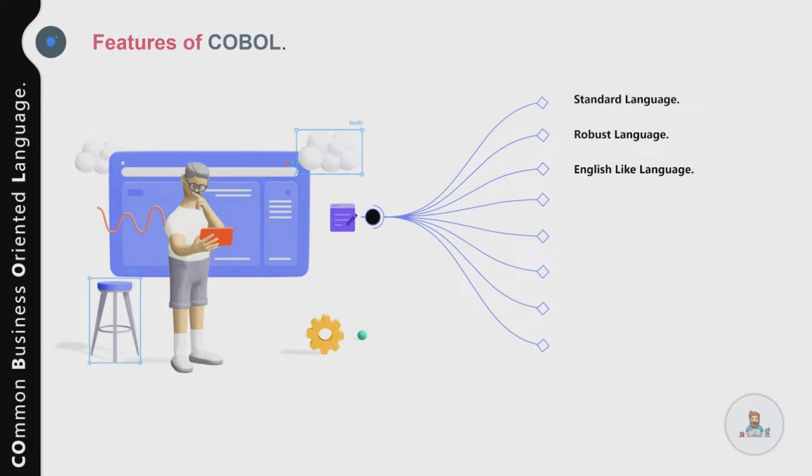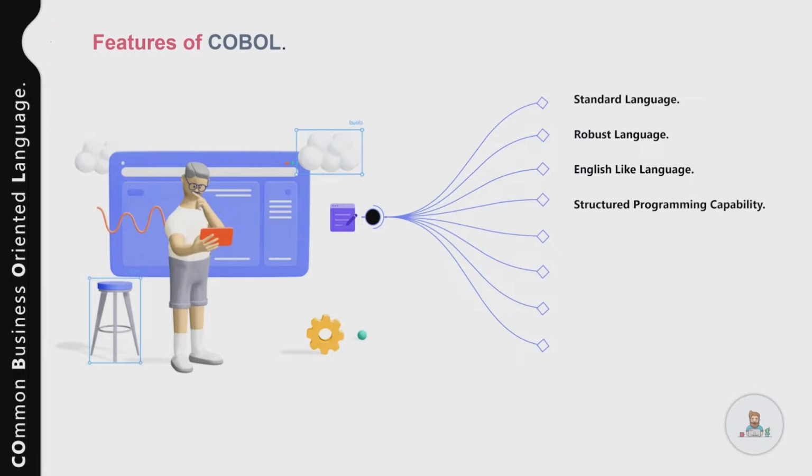The third one is English-like language. COBOL is an English-like language and it is very user-friendly. All instructions are coded using English words rather than complex code. For instance, if you want to read a record from the file, then you will use the verb READ. So COBOL is relatively easy to understand.